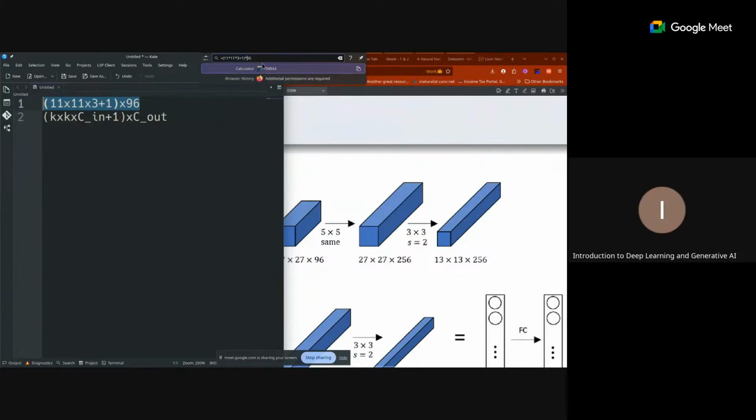So this is from 30,000. And let's see how many parameters are there in this layer. This would be 3 cross 3 into 256 times 1 times 256. The parameters are increasing.